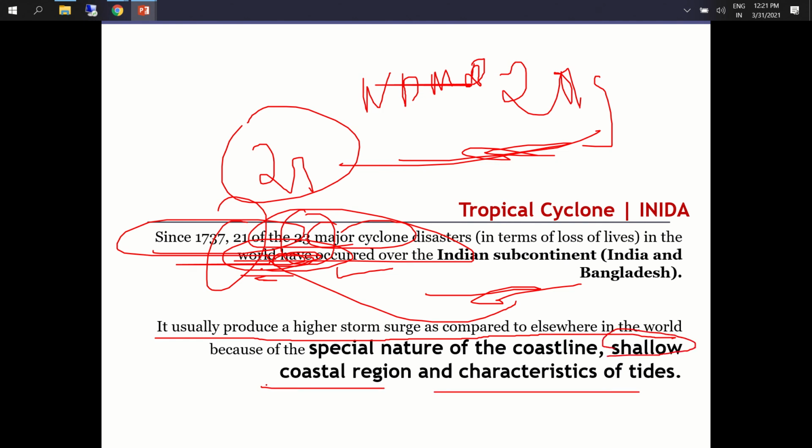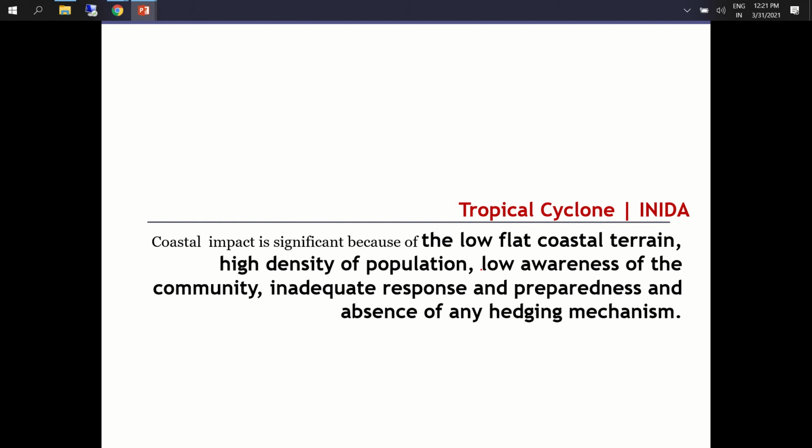So we have discussed this somewhere when we talked about the terrain also. We have seen the topography is almost flat in the coastal regions up to a large extent inland. So that is also one of the reasons why the impact of cyclone can be felt very severely.